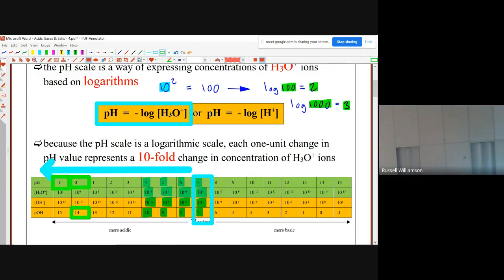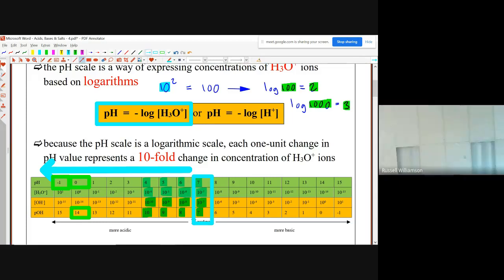If I calculate the pH, 12 molar hydrochloric acid has a pH of minus 1.079. So if you're getting negative values, that simply means we have a very strong acid, or if we're talking about a base, a very strong base. Negative values mean very, very high concentrations.